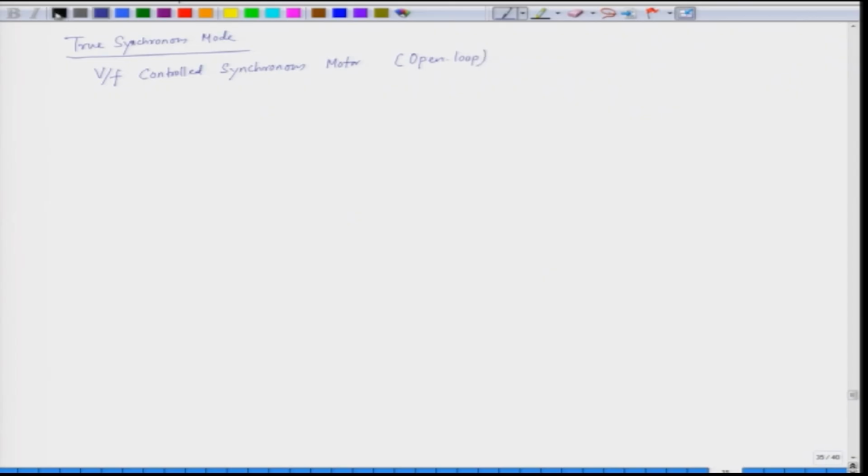So, let us draw the block diagram. Here we have the reference frequency, the frequency is changed independently. So, we have a reference frequency here and which is fed to a delay block. So, here we have a delay circuit.